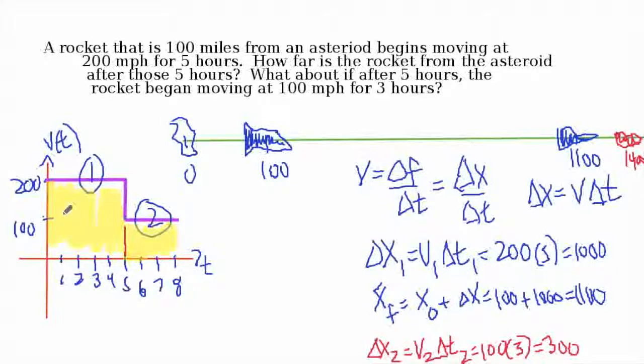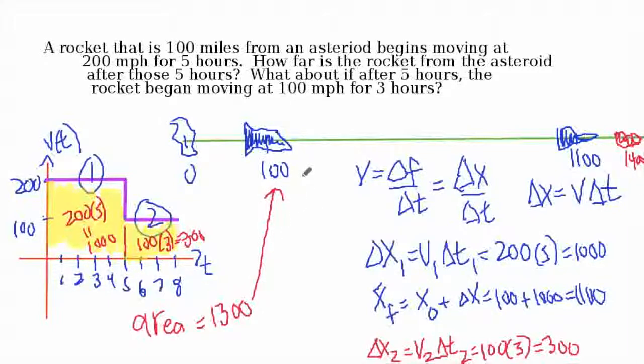So the first piece, 200 times 5, is 1,000. The other one, 100 times the width, which is 3, that's 300. Add those together, so the area is 1,300, and that's how much it changed. So you add that to the 100, and that's what gives you 1,400.